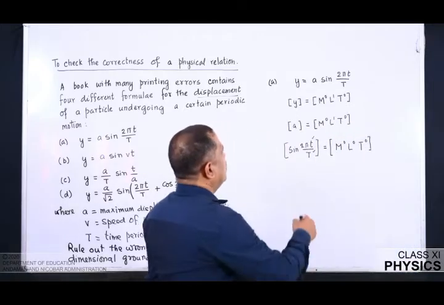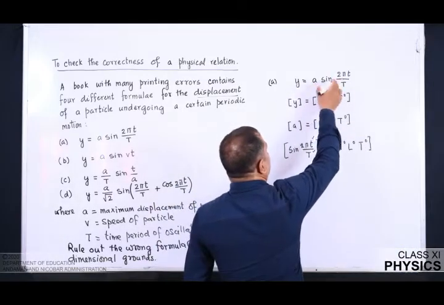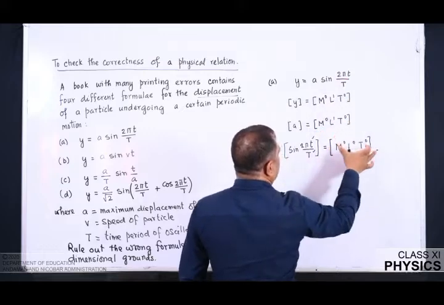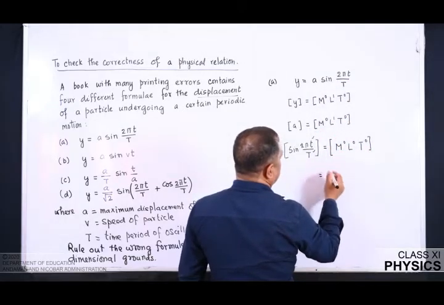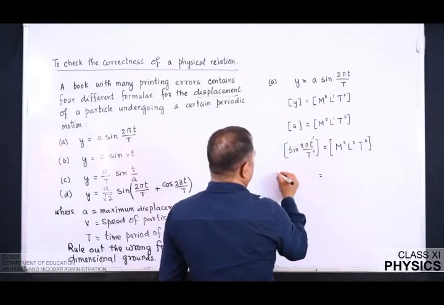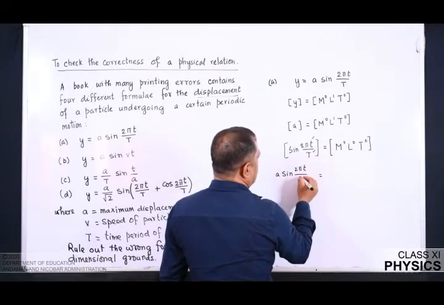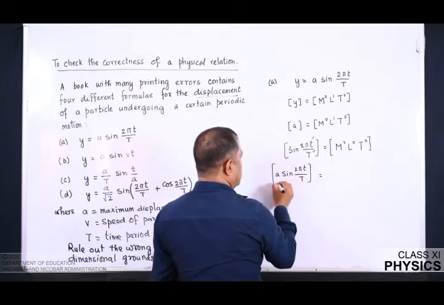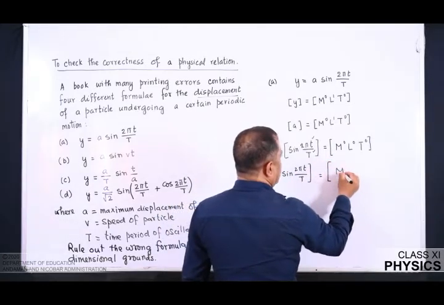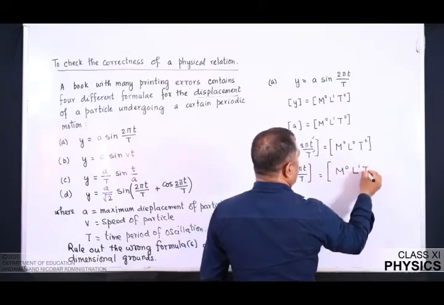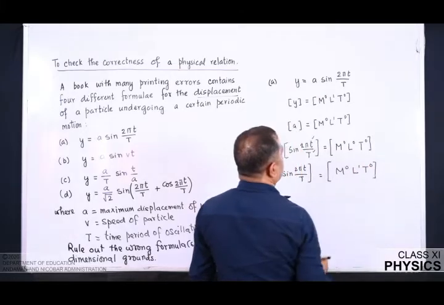So on the right hand side, I have the product of a and sine 2 pi t by T. I am going to find the product of these 2 dimensions. So for a sine 2 pi t over T, the dimension is M power 0 L power 1 and T power 0.